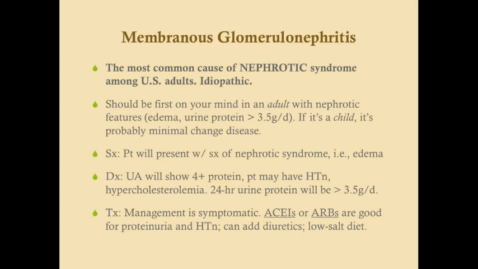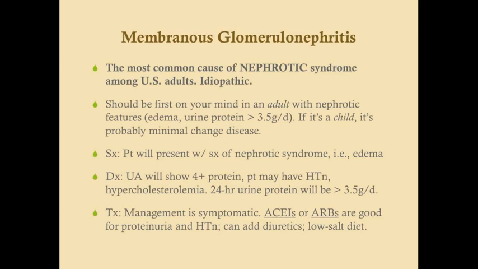And if they don't have a pre-existing renal disease, if they don't have hepatitis, and they don't have lupus, and they don't have anything that's going to make you think TTP, this is what you're going to want to think. This is going to be your default when an otherwise healthy adult comes in with nephrotic syndrome symptoms.